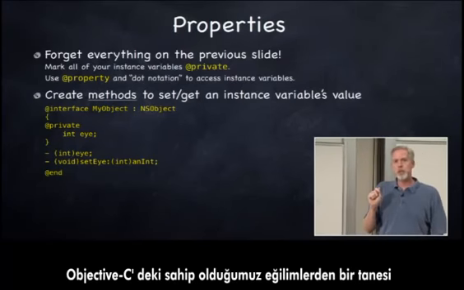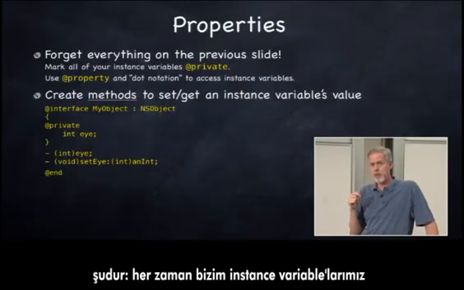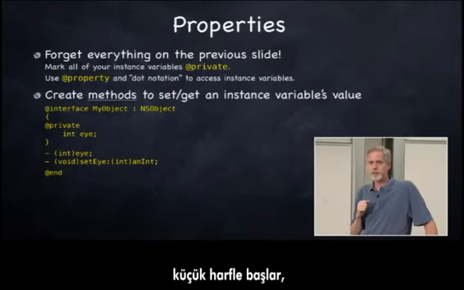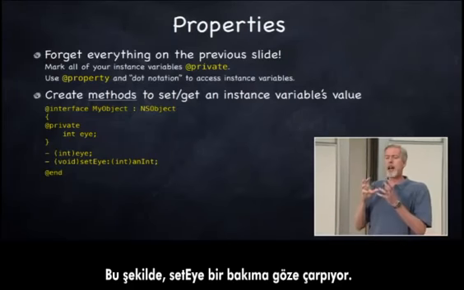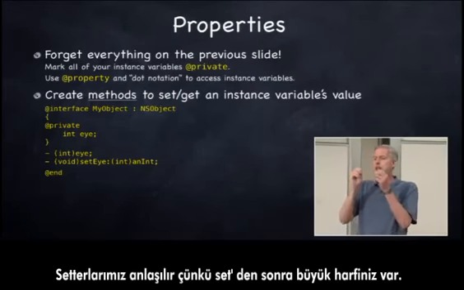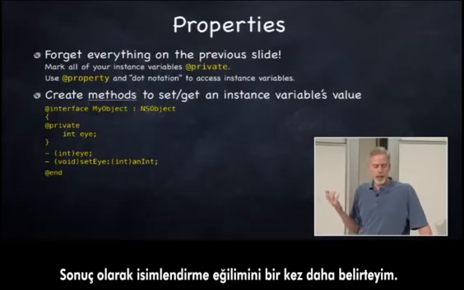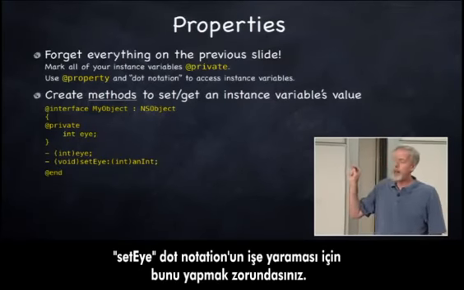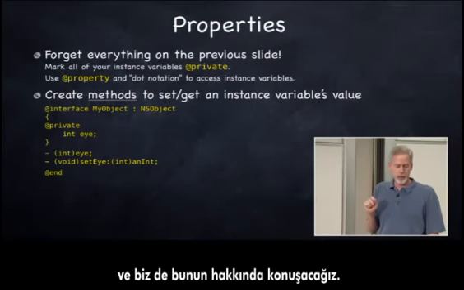That is one of the reasons we have a convention in Objective-C that we always have our instance variables start with a lowercase letter, like I does right there. That way the set I kind of stands out a little bit. The setters are clear because it has this capital letter after the set. All right, so that's just, again, naming convention. But the set I, you have to do that if you want this dot notation thing to work. We're going to talk about that.